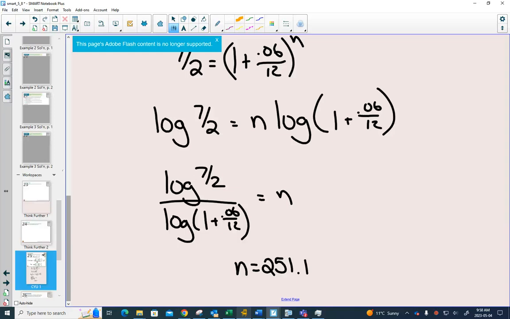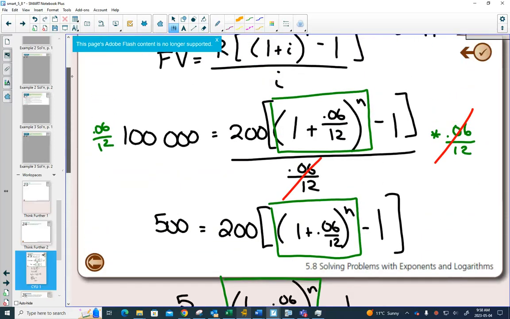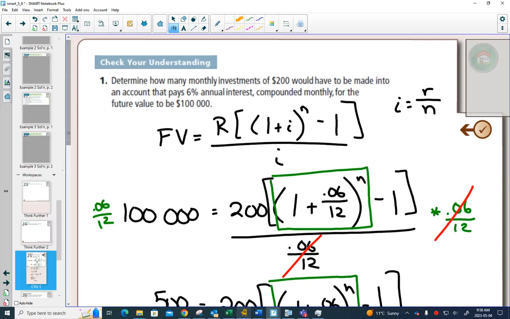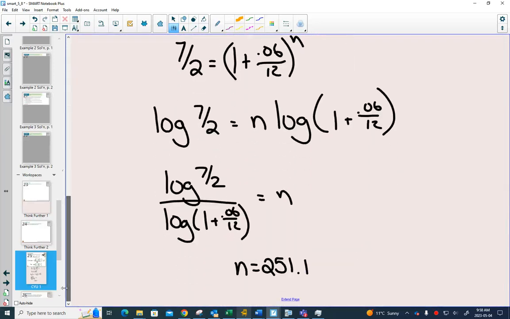This is an interesting kind of question because, we go back to the original question. The question is, how many would it take to make the future value 100,000? To the decimal place, it's 251.1, but you're not making 0.1 of an investment.